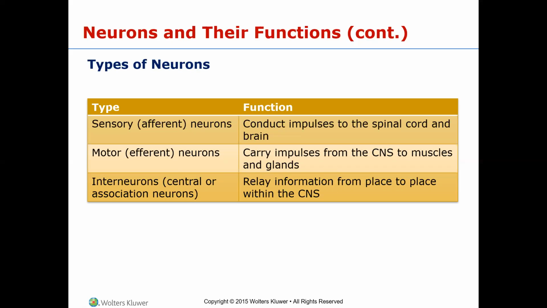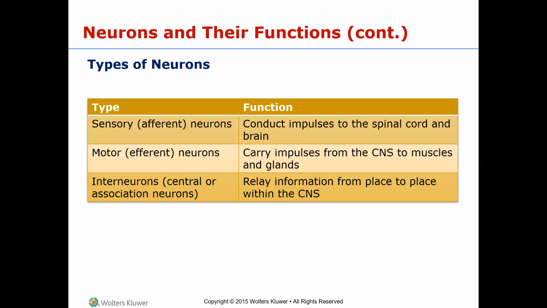And then the ones that are carrying motor impulses, which go from the brain, tell our muscles, which are motor driven, to do something. Those are efferent. So they carry impulses from our central nervous system, from our brain to our muscles and glands.